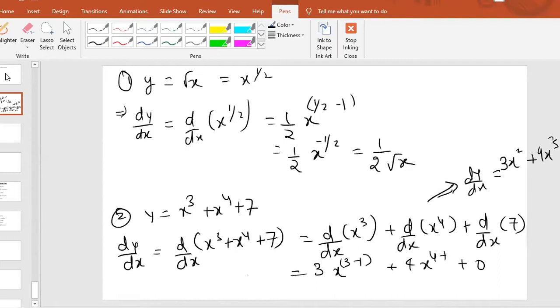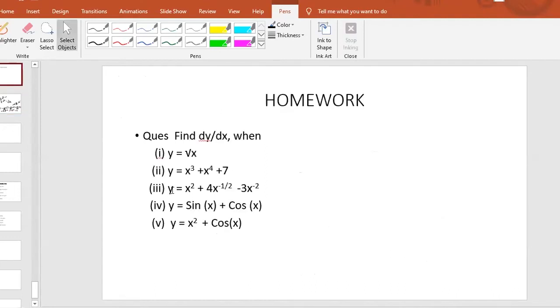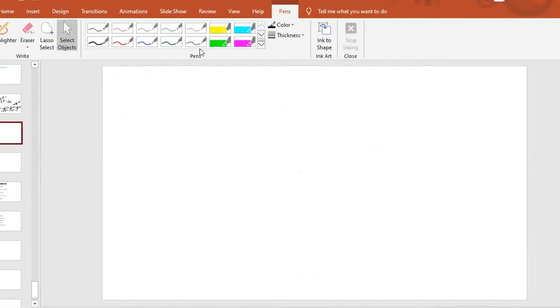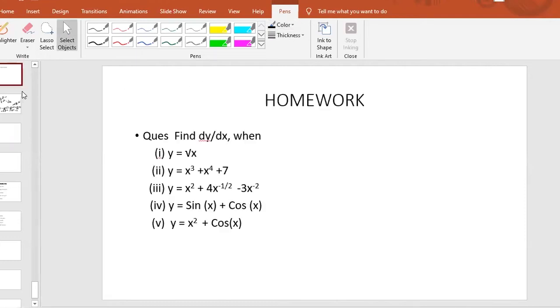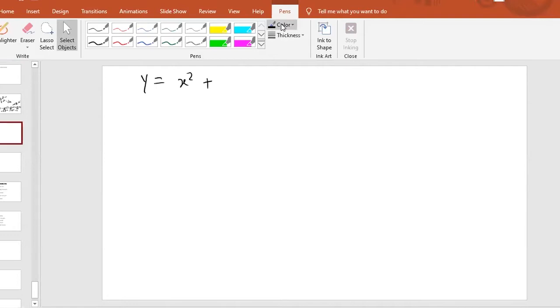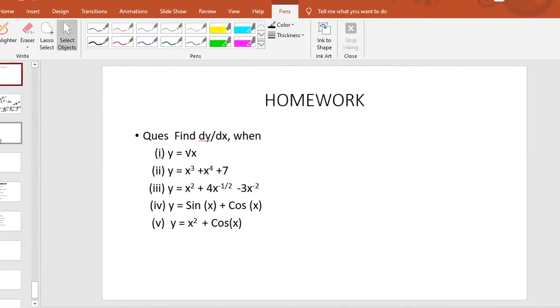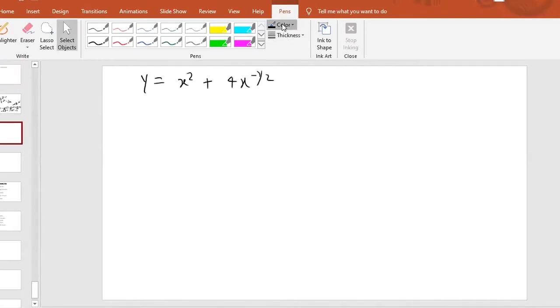Okay, now third problem. The third problem is that y equal to x square plus 4x power minus half minus 3x power minus 2. So y is equal to x square plus 4 into x power minus half minus 3 into x power minus 2.